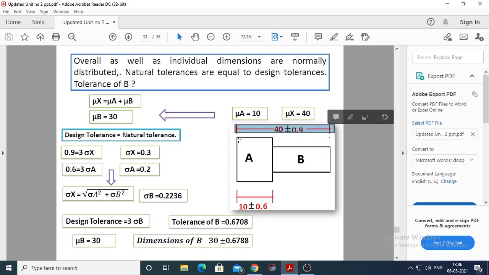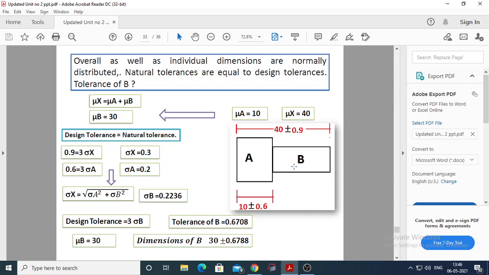For the whole body, A and B. The total length of A and B is given as 40 plus or minus 0.9, and the A value is given as 10 plus or minus 0.6. You have to calculate this one. We know that mu B is equal to 40 minus 10, you will get 30. Then design tolerance is equal to 3 sigma B.